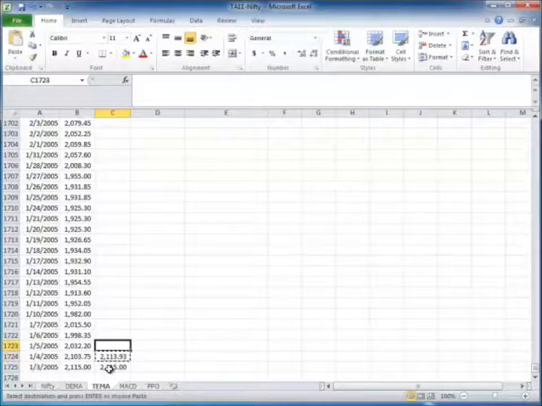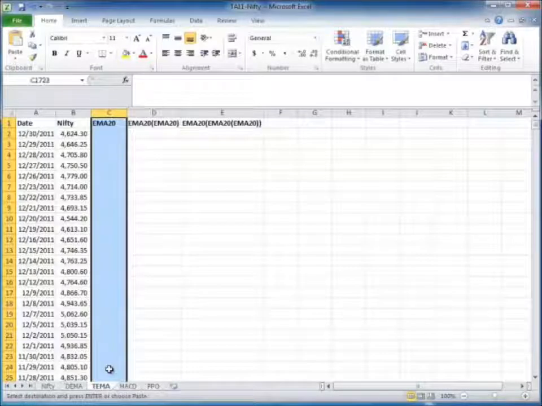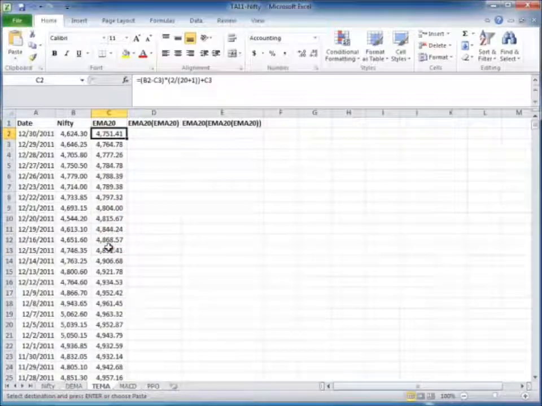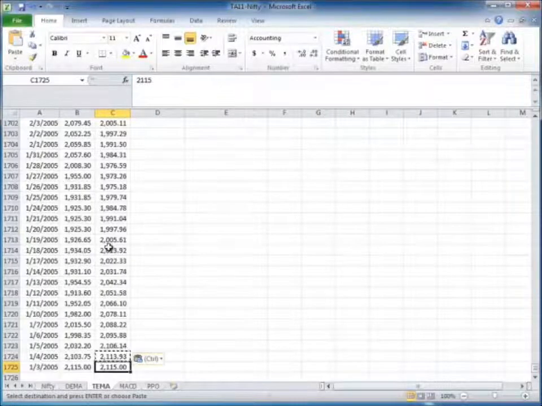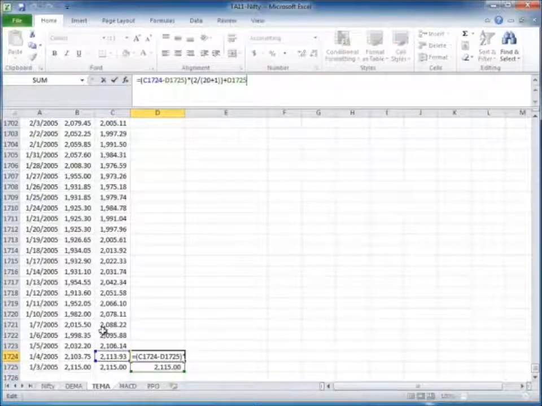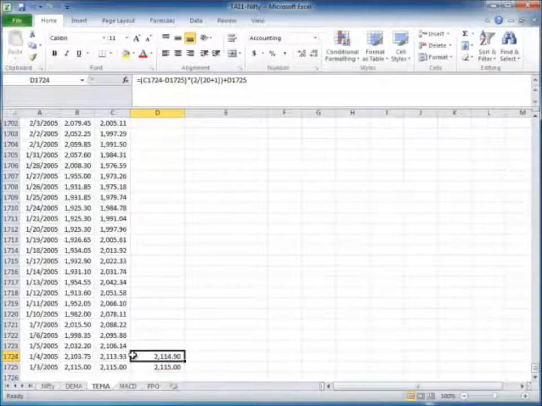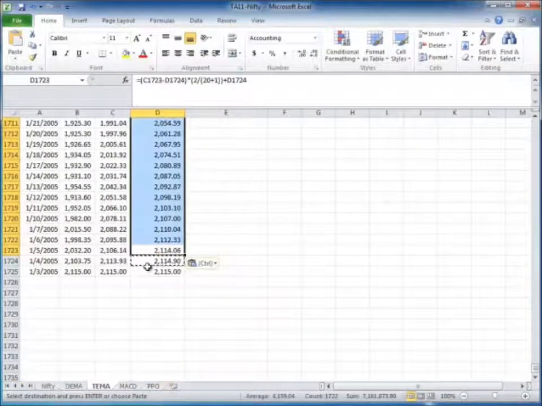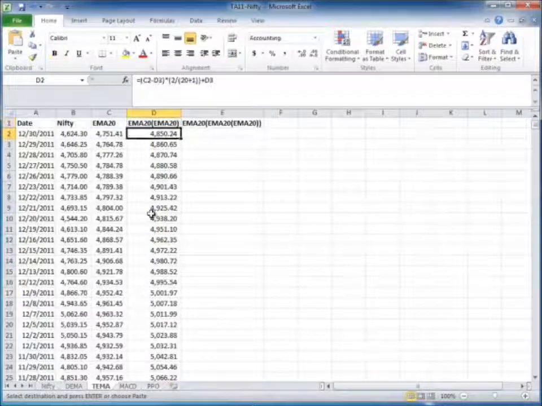So I can take this all the way up, paste it there, and this is now the EMA of the series, the EMA 20, which we already know how to do. Next, we'll calculate the EMA of the EMA. So again, it'll be the same formula. You can see here we're using the right numbers. Alright, and we'll take this all the way up. This gives us the EMA of the EMA.